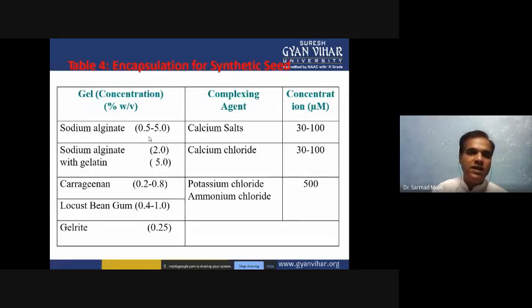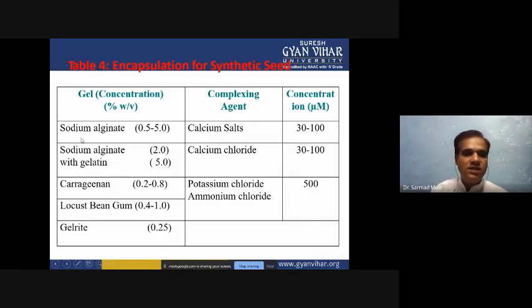Now, the various encapsulation media we utilize for synthetic seed generation: sodium alginate is used at 0.5 to 5% weight by volume, with calcium salts as the complexing agent, and the concentration of the ion can be 30 to 100 millimolar.